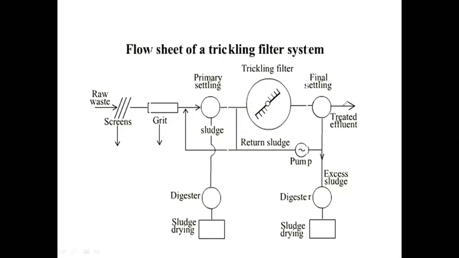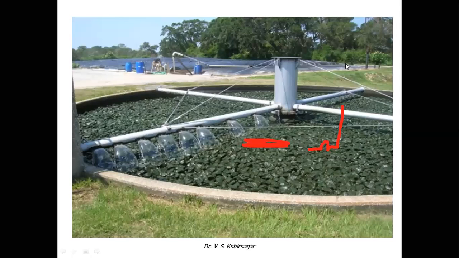We should remove the entire sludge and the sewage has to be recirculated towards before the primary clarifier sometimes, or before the trickling filter. And here also the name should be treated effluent, not like this. Okay. So just for the judgment I have shown this figure, but there was a mistake I had not seen. Sorry for that.